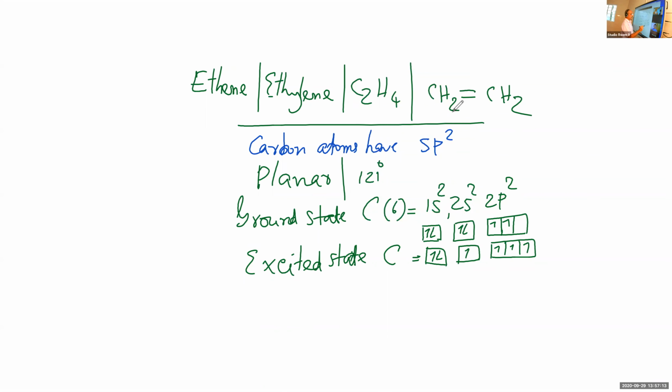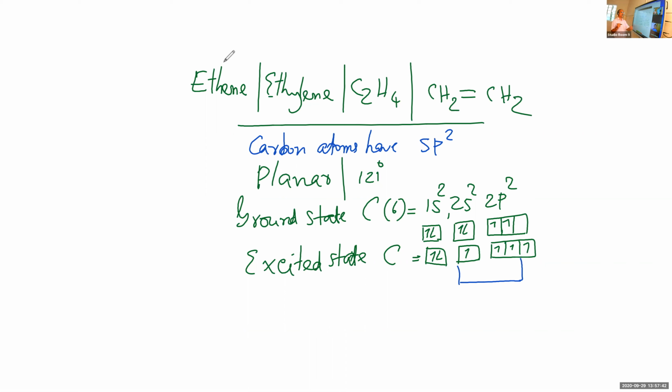Say these orbitals hybridize. The 2s and the 2p orbitals hybridize. We are taking the sp2 hybridization. So in the sp2, the 2s and 2 of the 2p orbitals hybridize.